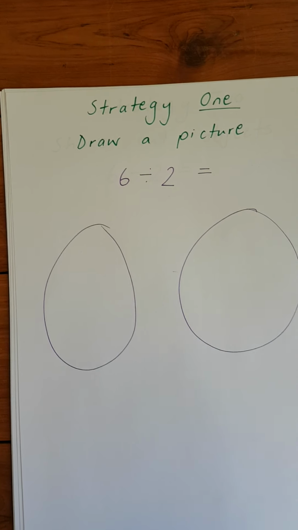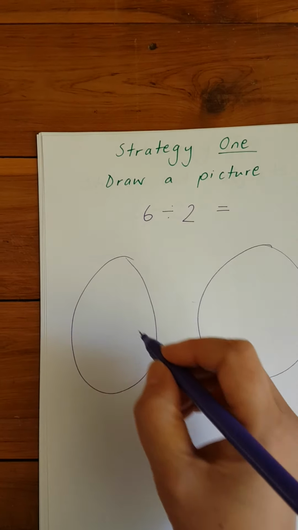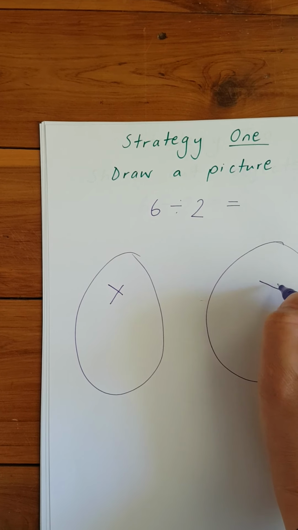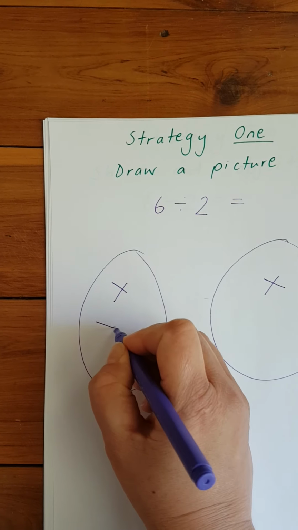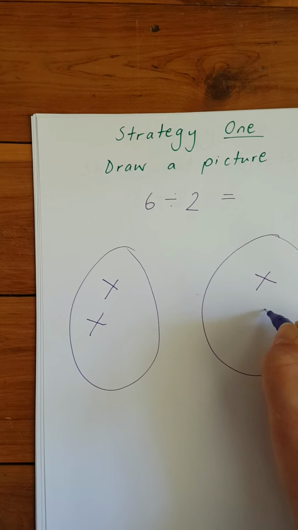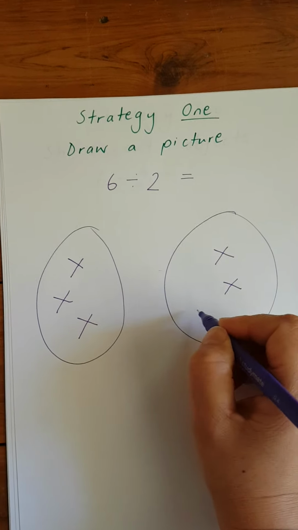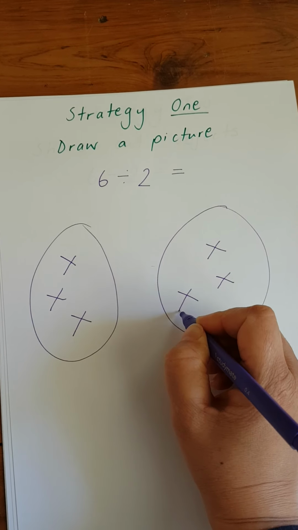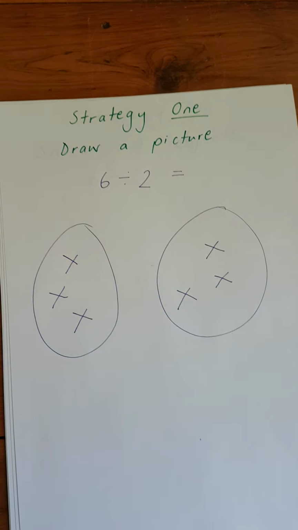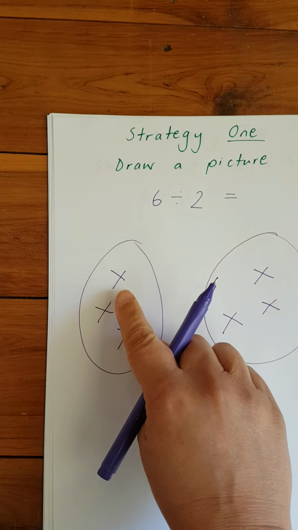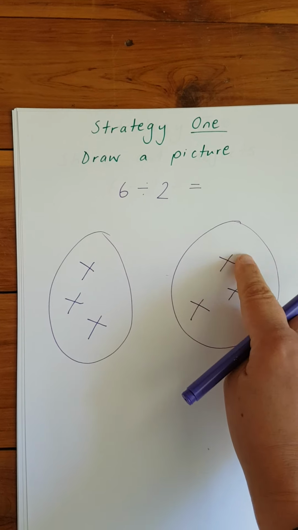I'm just going to do some crosses and count as I go and make sure I'm even as I go. 1, 2, 3, 4, 5, 6.